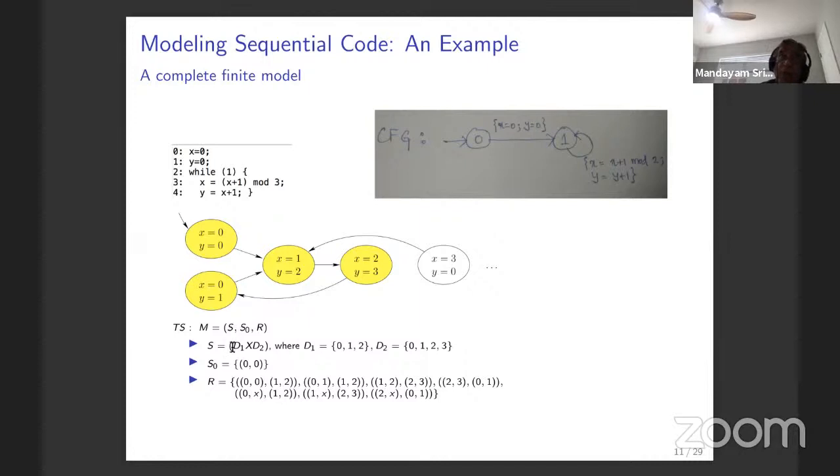In that sense you are defining it for all possible states, but in your system only some subset of the states might be reachable from your initial state. That's all.